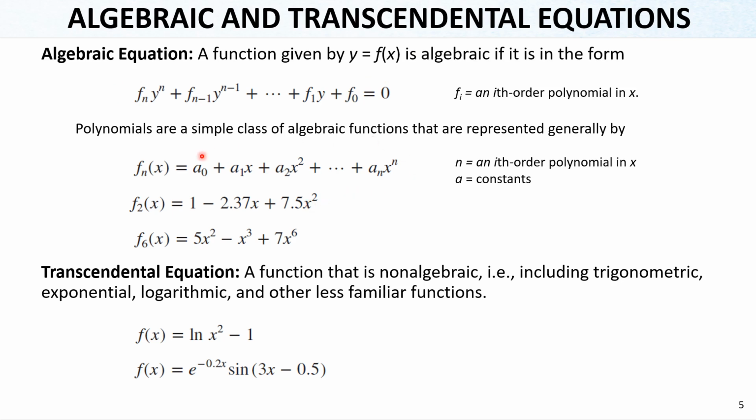And polynomials, for example, that we use in regular life in mathematics, are algebraic equations. Here the a's are the constants, and n is the order of the polynomial in x.